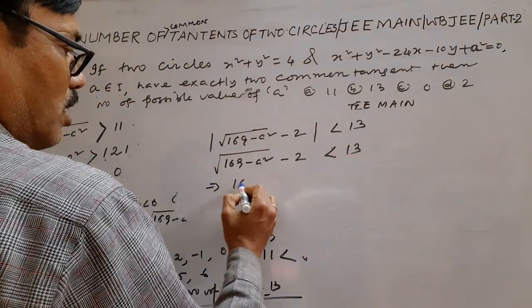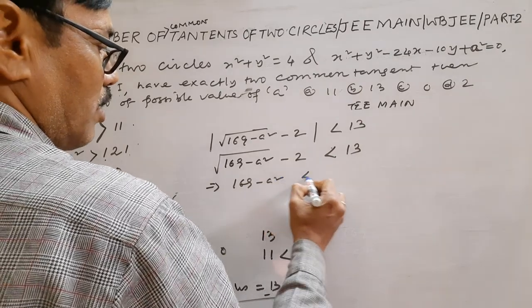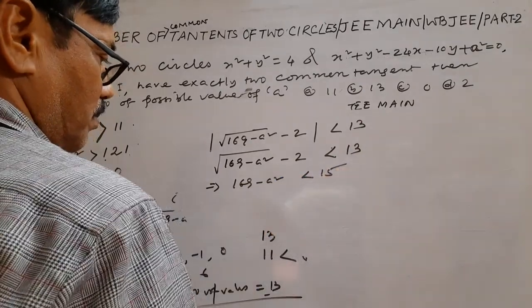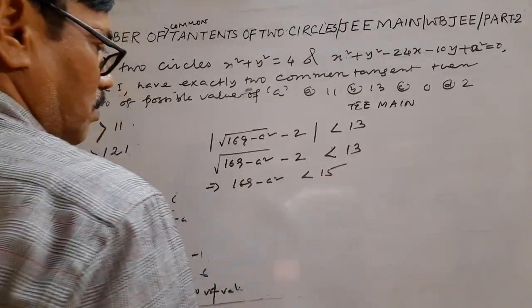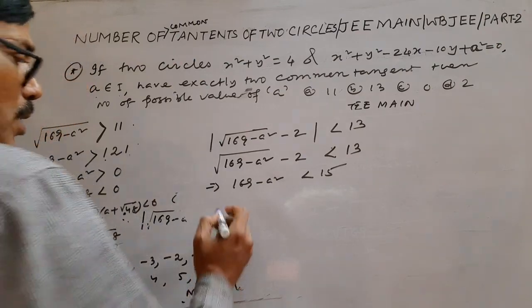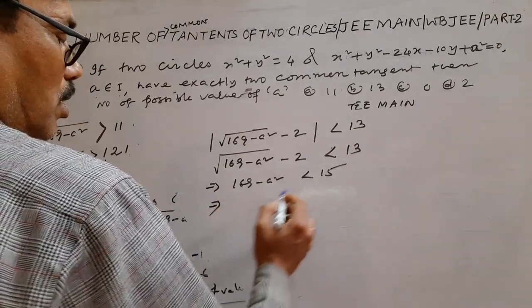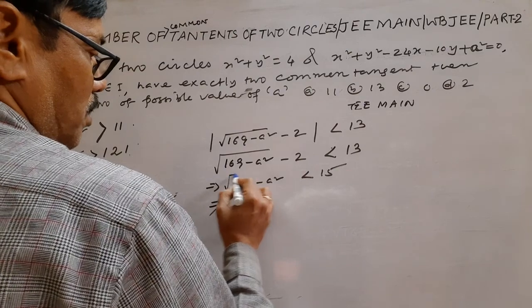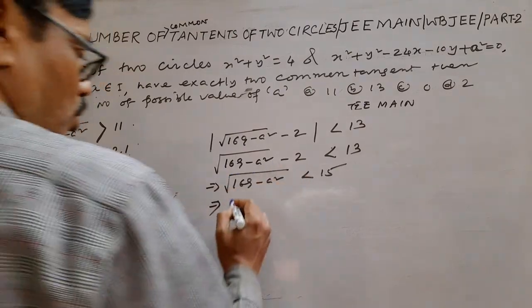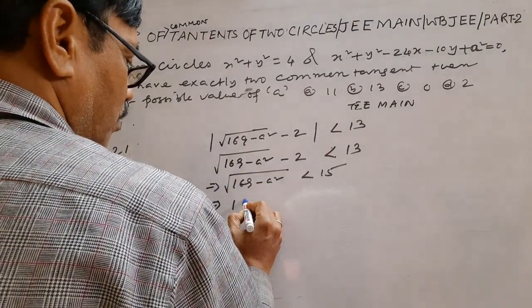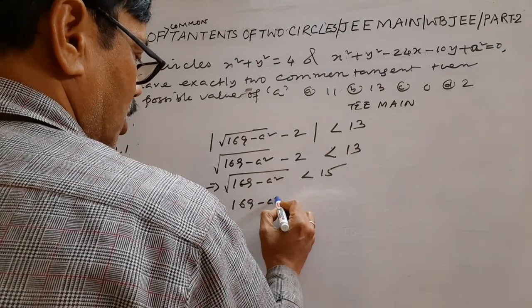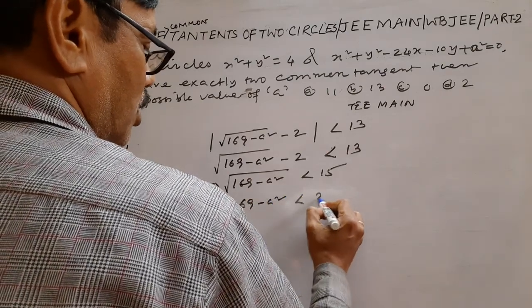So root of 169 minus a square less than 15. So 169 minus a square less than 225.